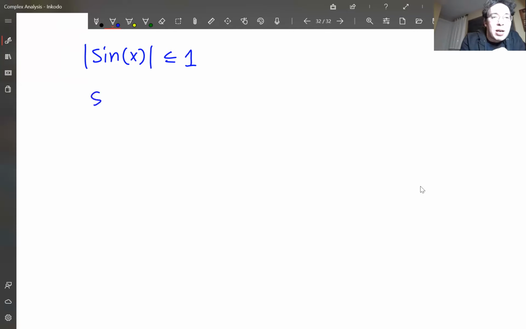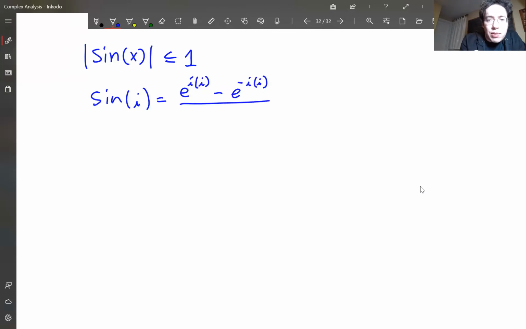In fact, sine of i is equal to, let's see, e to the iz, so i, minus e to the negative iz, all over 2i. Okay, so this is e to the negative 1 minus e to the 1, all over 2i.